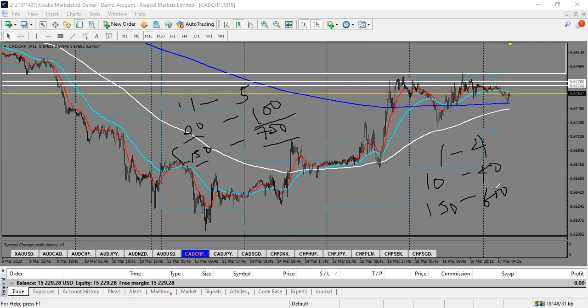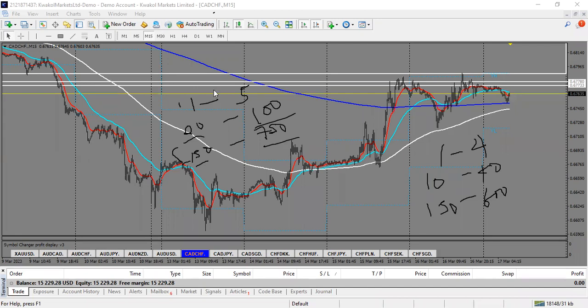Let us now do the main calculation. What I do is I go to what I call a position size calculator. This is what I will advise you to do. Let me take you back to my Google.